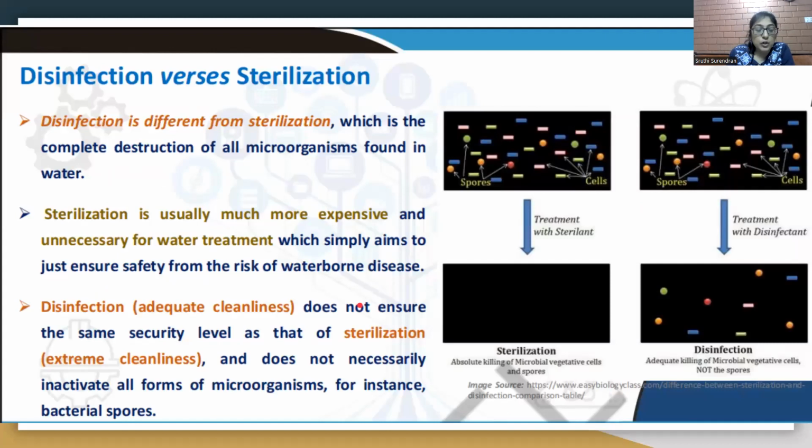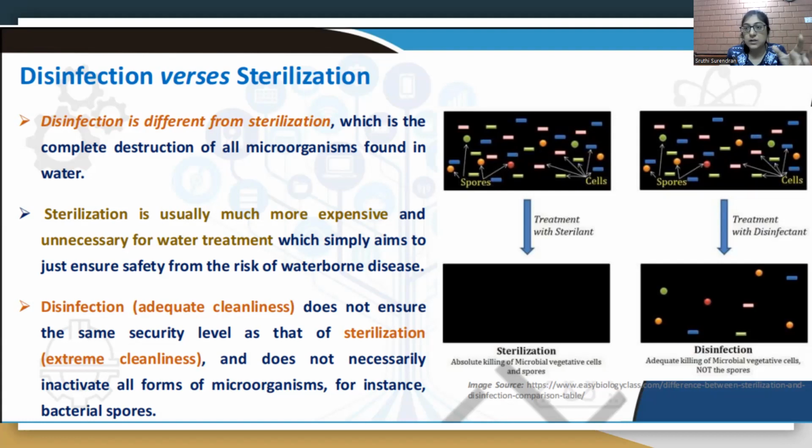So before we move on to why each of the processes is better, let's try to understand the difference between disinfection and sterilization. Disinfection is a process that kills the pathogenic microorganisms in water. It only kills the unwanted microorganisms, whereas sterilization is a process which will kill every organism present in water.